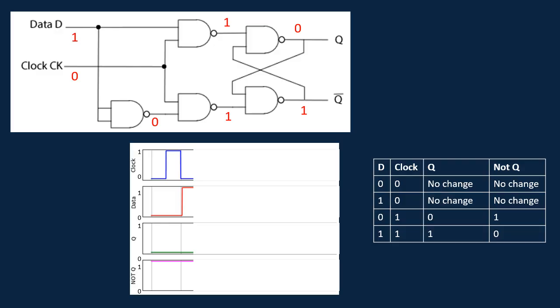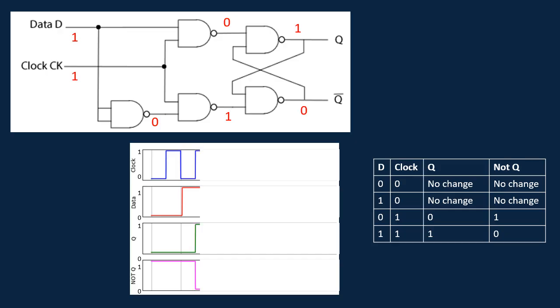So now our clock is at 0, our data is at 1, and our Q still remains at 0, because even though our data moved up to 1, we can only change the output of Q when it's been triggered when our clock is at 1. Because the clock's at 0, it can't change the value. Even though the data value has changed, the output still remains the same.